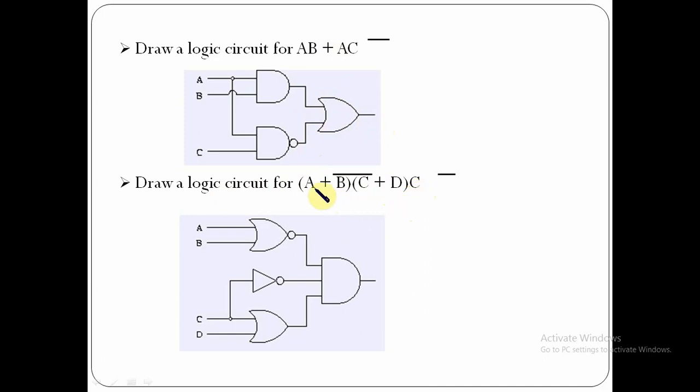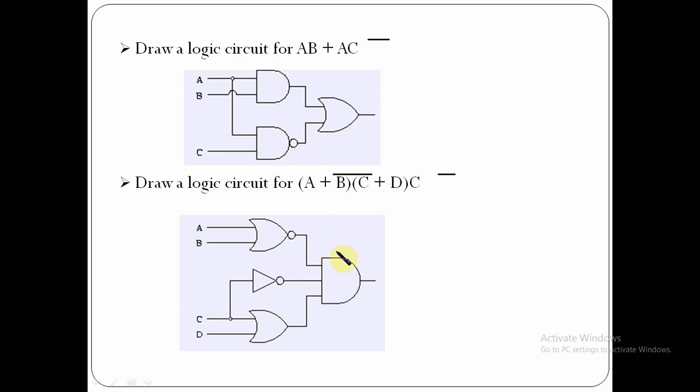Check the first term, a + b bar: here is the OR gate, but since a bar is given, that is a NOR gate. The bubble indicates the NOR gate, with a and b as the inputs. Because there is a multiplication sign, the output of this gate will be given to the AND gate.